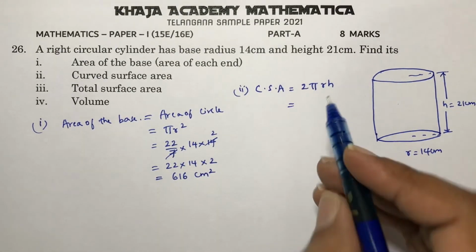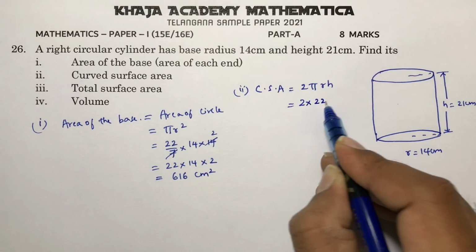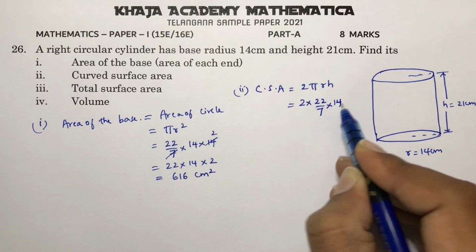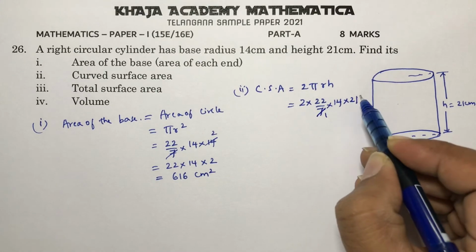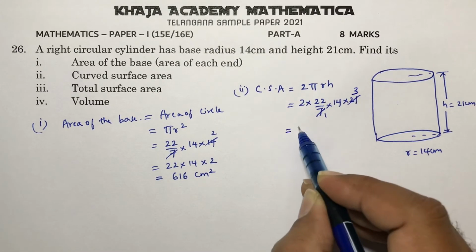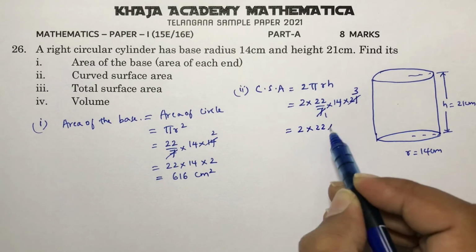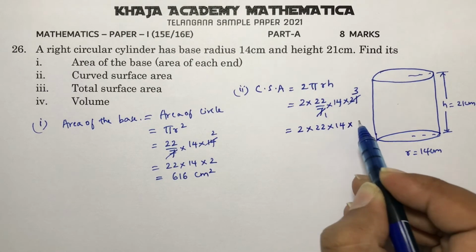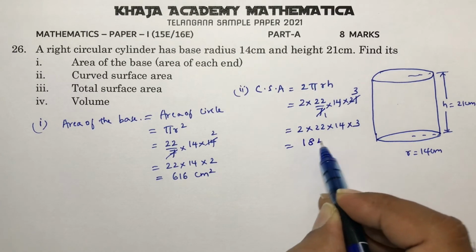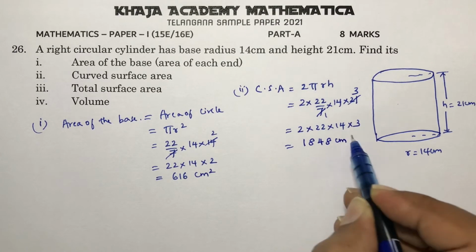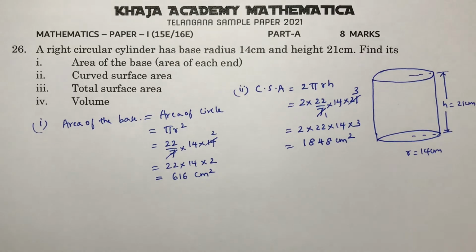So 2 into 22 by 7. Radius is 14, height is 21. 7 times 1, 7 times 3. So 2 into 22 into 14 into 3. If we multiply all these values, 1848 centimeter square. The next one, we need to find the total surface area.